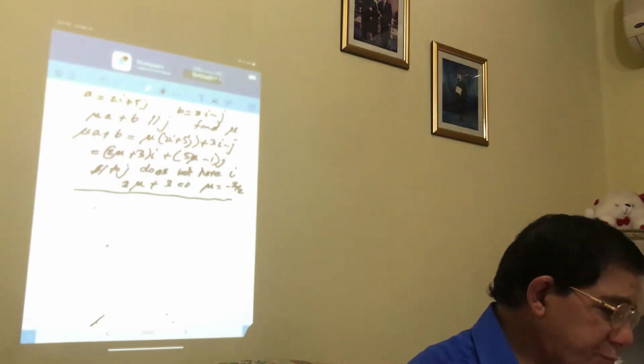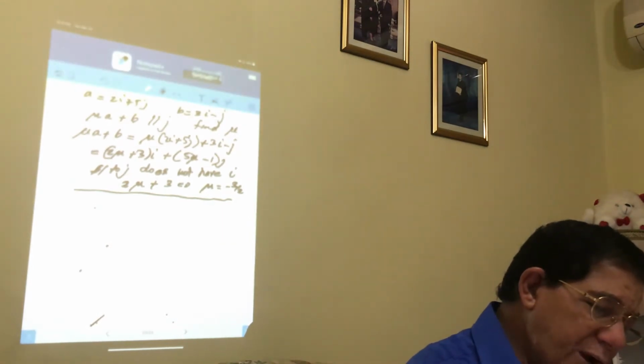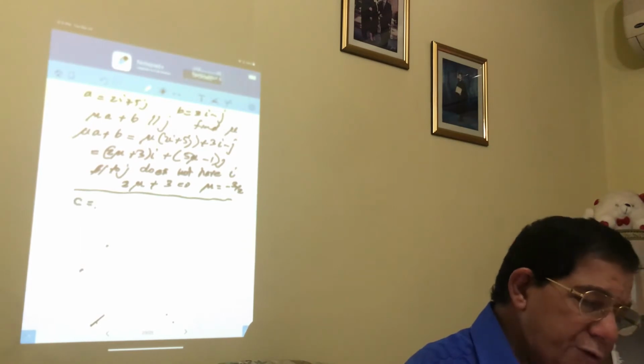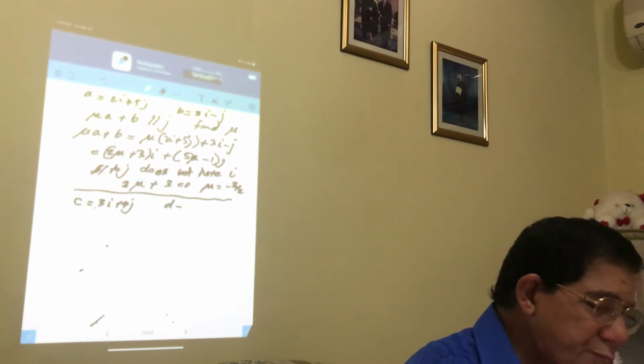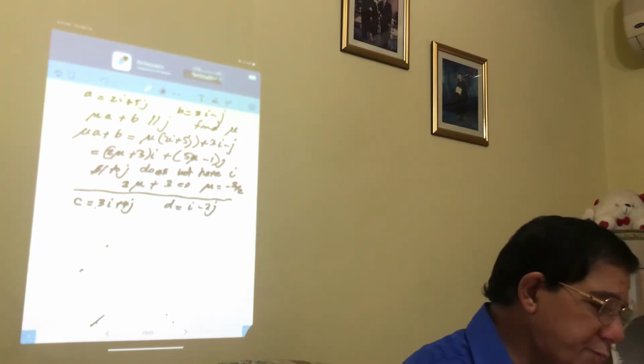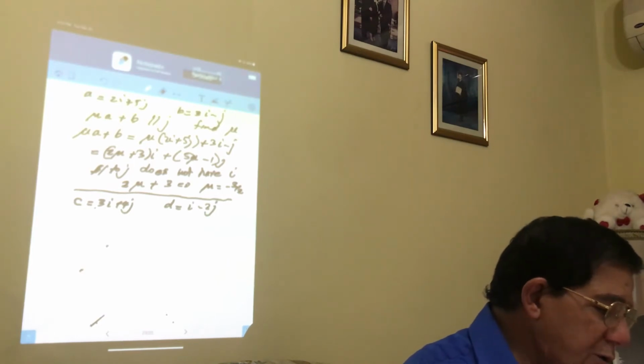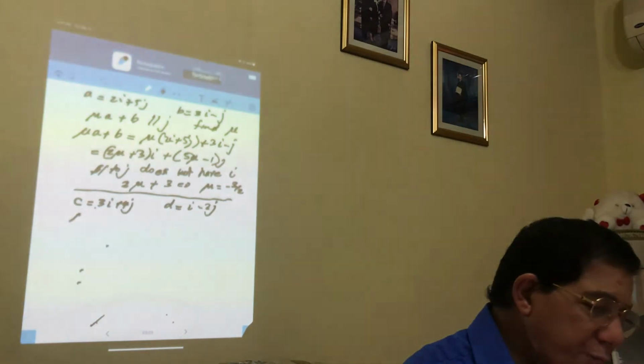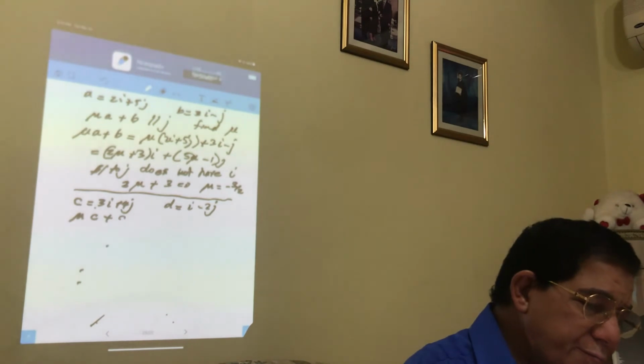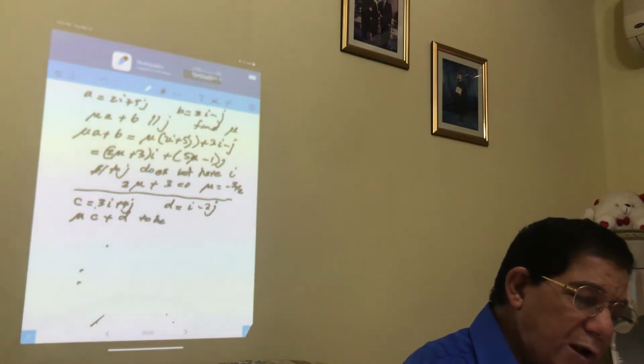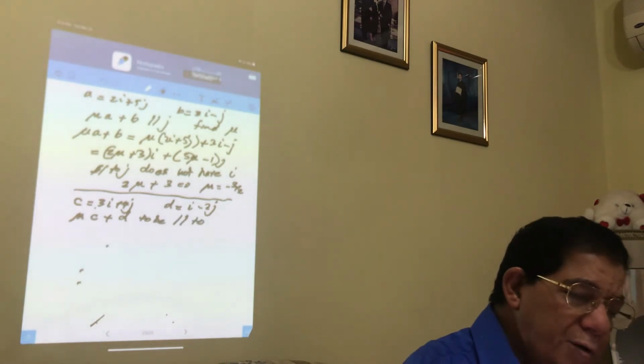This question. Well, given the vector C is 3i plus 4j, and the vector D is i minus 2j, and we need the vector mu C plus D to be parallel to i plus 3j.